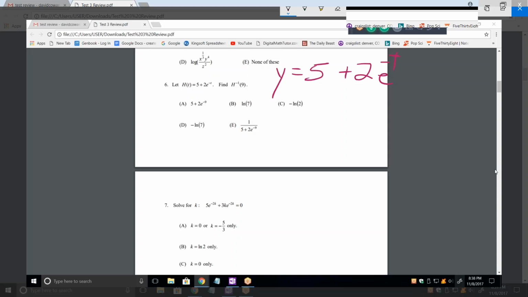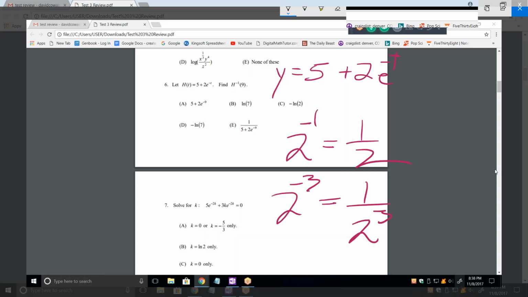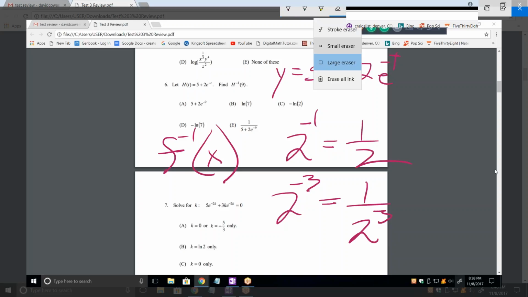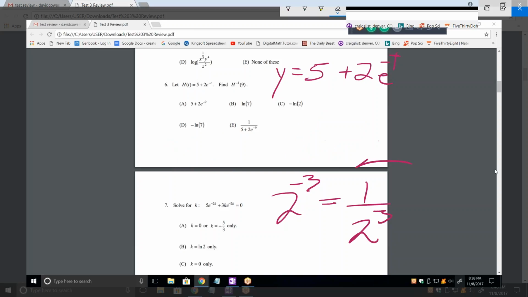Because if I said to you, what is 2 to the minus 1, that's the reciprocal, I do that. If I say 2 to the minus 3, I do this. But when I make a function and I put a minus 1 like that, that does not mean reciprocal, it means inverse. They are different. The inverse does not mean the reciprocal.